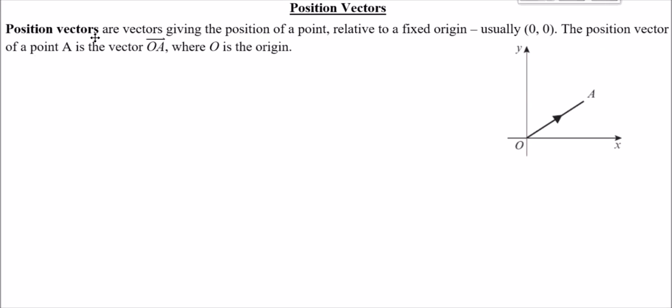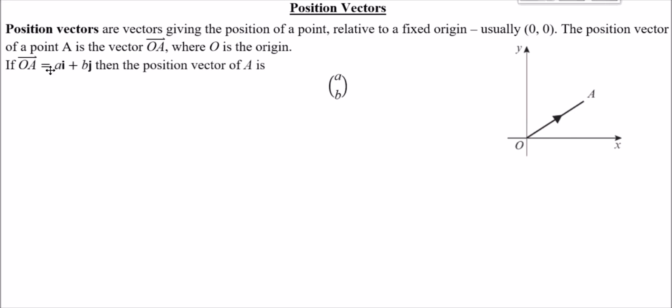So the position vector of point A, we'd call that the vector OA, where O is the origin. We put a line under it, which just denotes that it's a position vector as we move from O to A. In numerical form, it would tell us how far along and how far up we'd have to go to move from the point of reference, the origin, to the endpoint A.